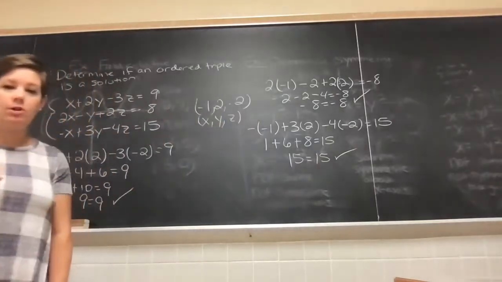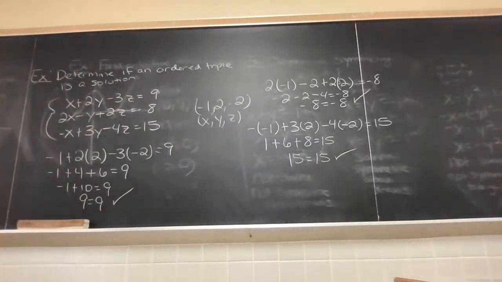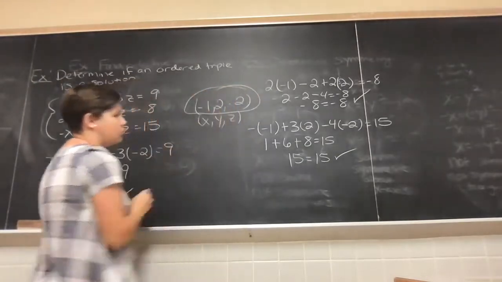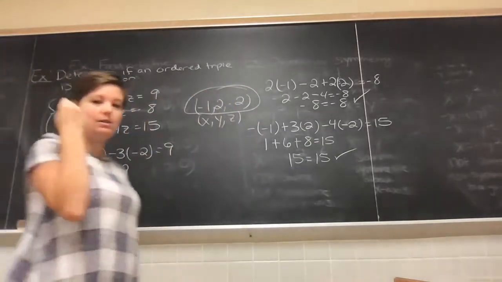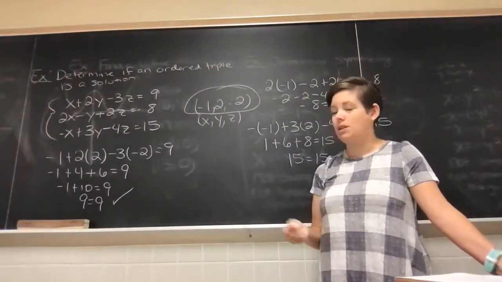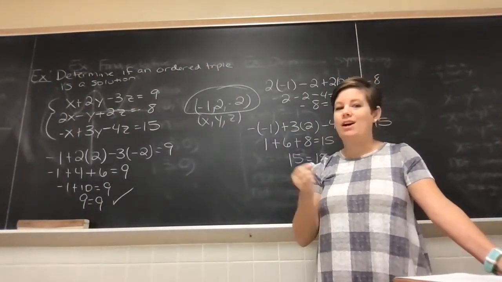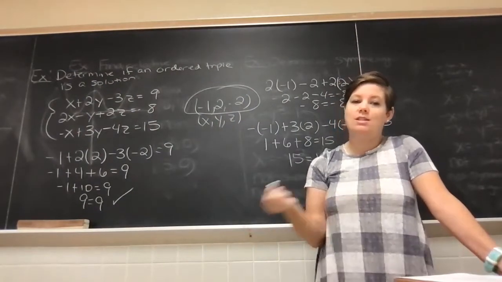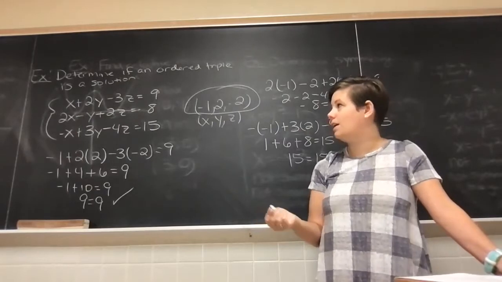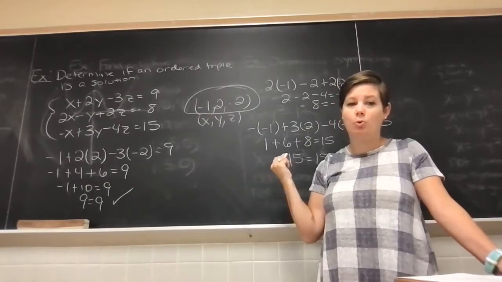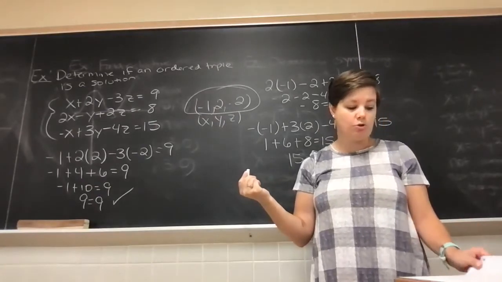So since it worked in all three of our equations, then we know that this triple is a solution to that system. If at any point we would have gotten something that was untrue, like 9 equals -8 or anything like that, we would have known then that it's not a solution. Again, this works exactly like it did in 5.1, only instead of an ordered pair, we have an ordered triple.